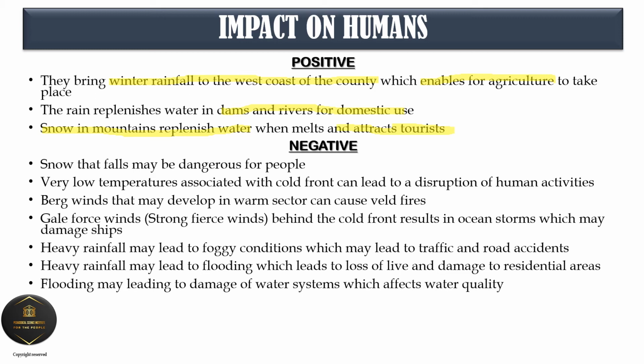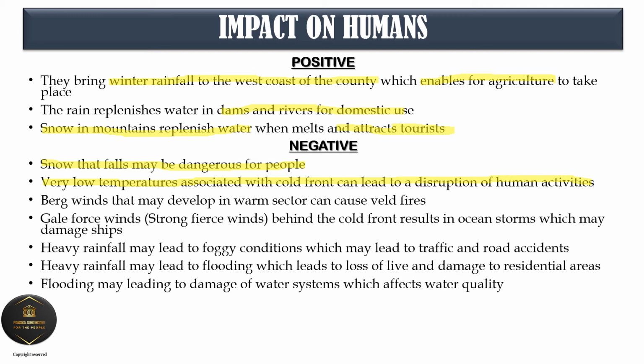Now, a negative impact then is that, number one, snowfalls may be dangerous for people at times. And when we have very low temperatures associated with the cold front, this may lead to disruption of human activities. So people may stay indoors, they may not go to visit places simply because it will be too cold, and when it rains, it's also a problem.